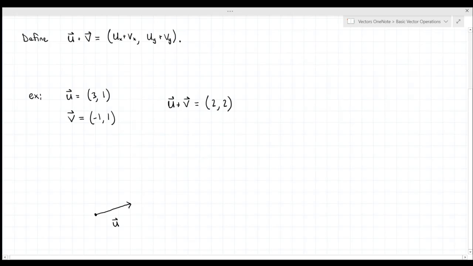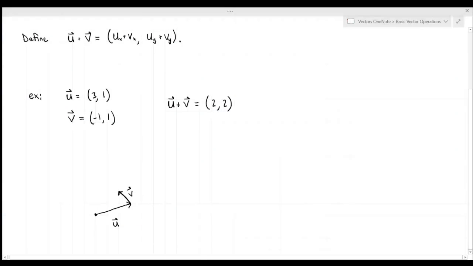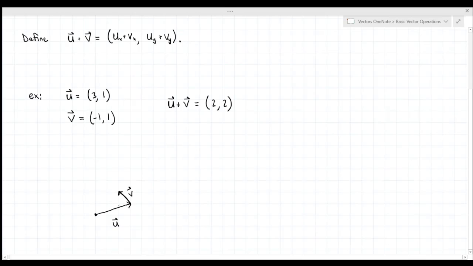First I'm going to draw the vector v starting at the arrowhead of u. Starting at this point where u left off, I went out 1 in the negative x direction and then 1 in the positive y direction. So this would be the vector v with x component negative 1 and y component positive 1.